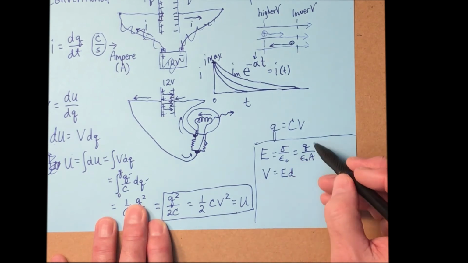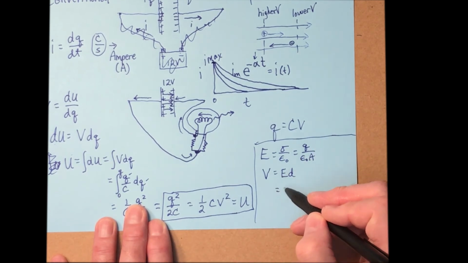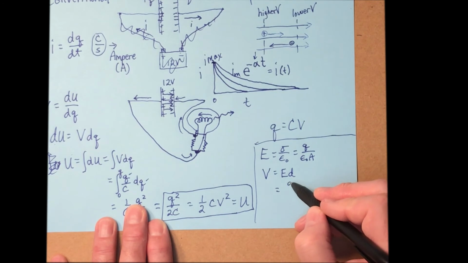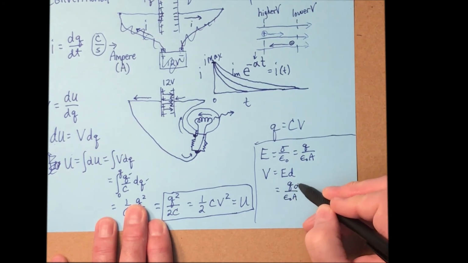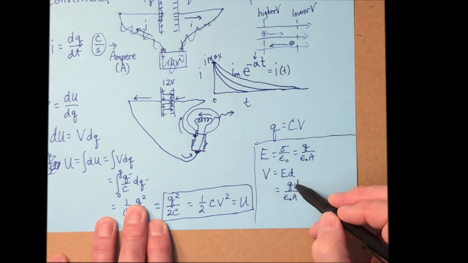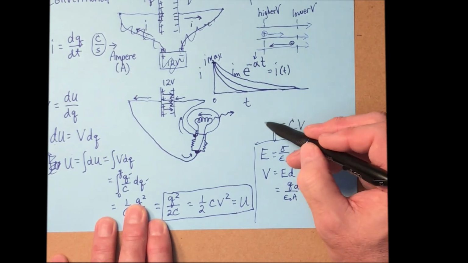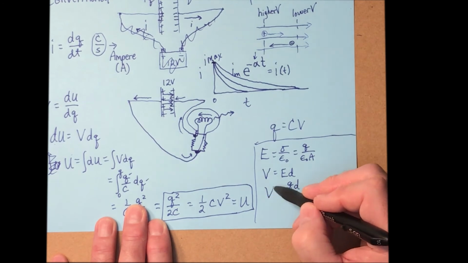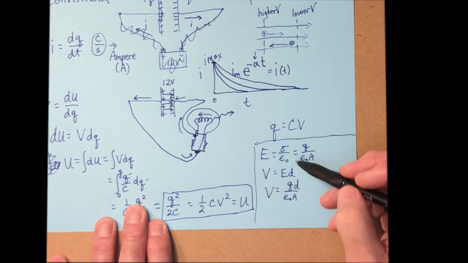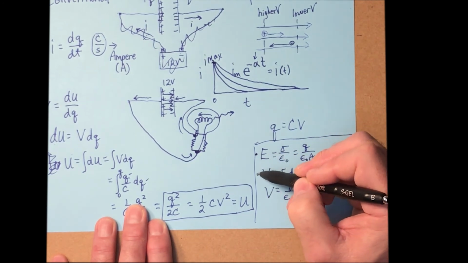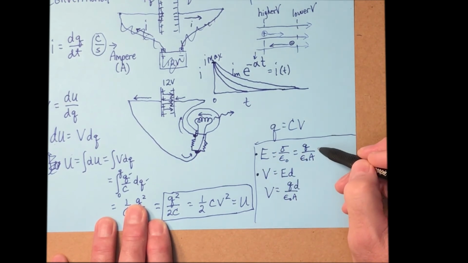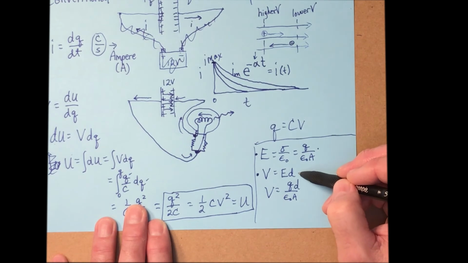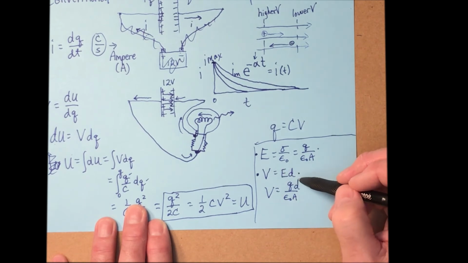Well, if I take E and plug it in here, I end up with Q over epsilon naught A times D. Now, remember, this is just a relationship that we derived based on those two relationships we've already determined: this from Gauss's law and this from the relationship between V and E.